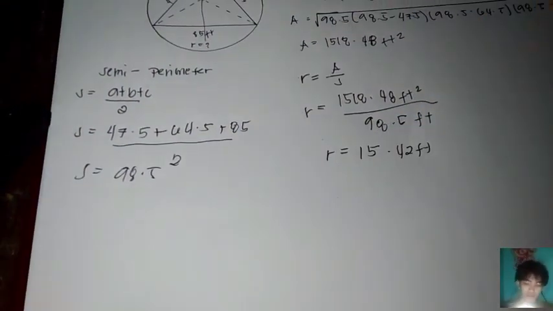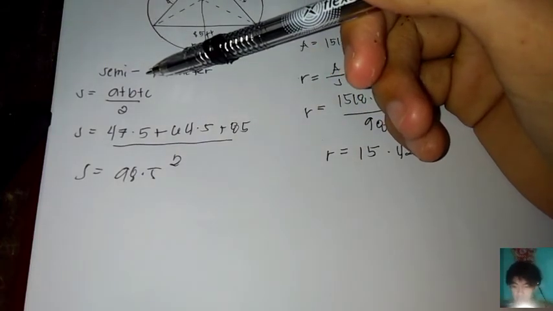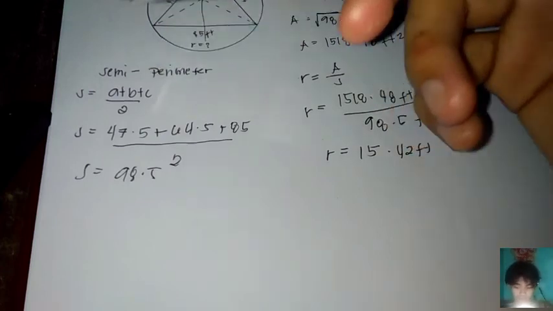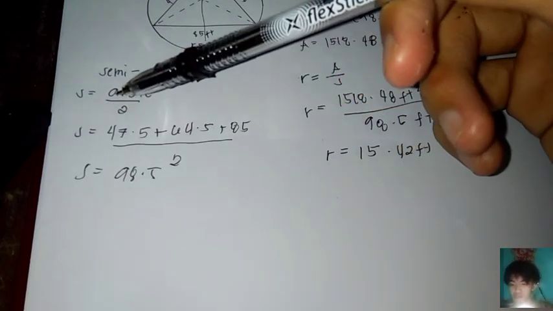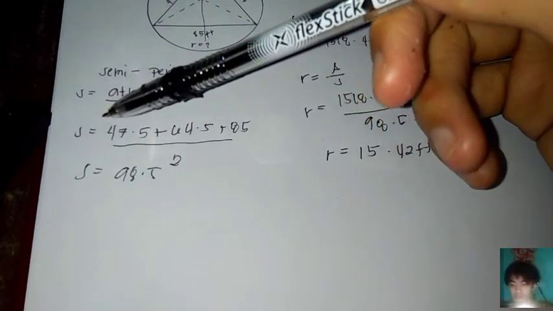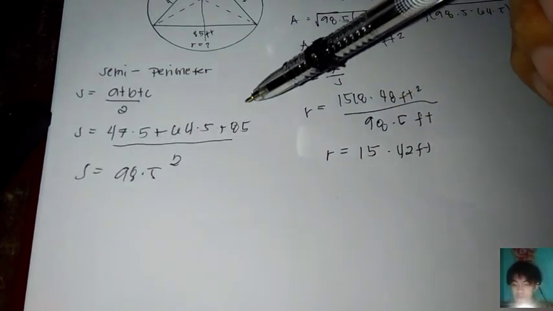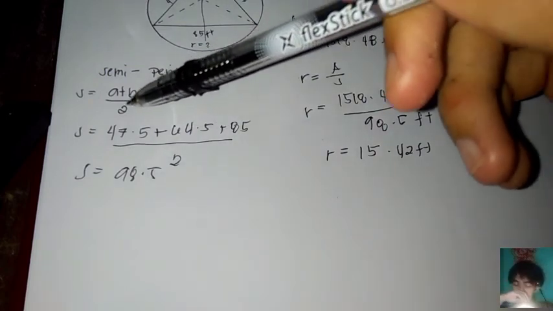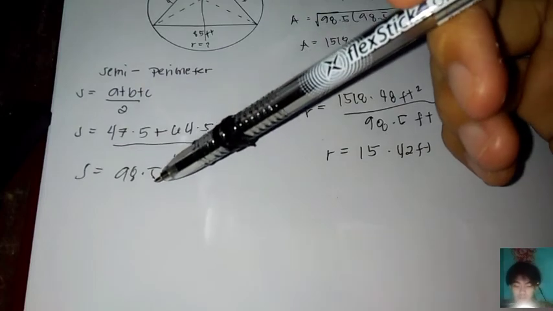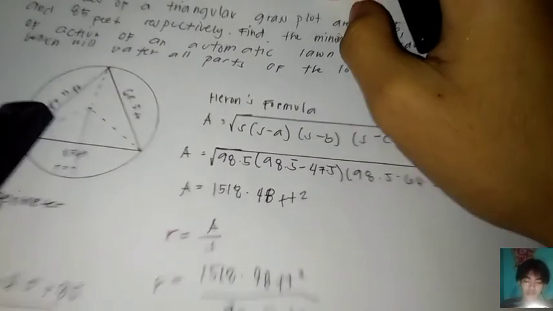Our equation for semi-perimeter is S equals A plus B plus C divided by 2. So let's substitute A, B, and C. So semi-perimeter equals 47.5 plus 64.5 plus 85, divided by 2. So our semi-perimeter is 98.5.